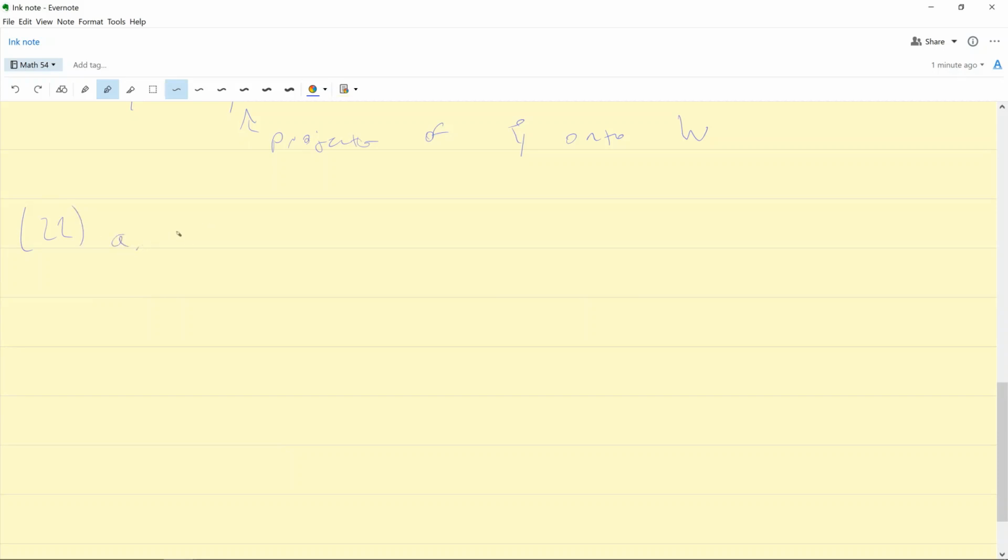Firstly, we have W, a subspace of Rn, and some vector v, where v is both in W and v is in W perp. This tells us that v is the zero vector. Is that true or false?